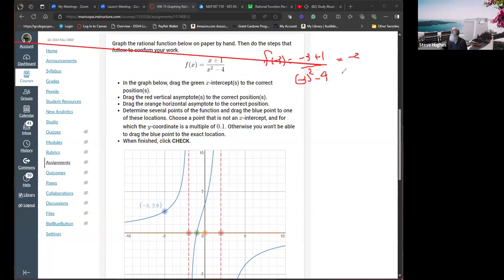Oh, it actually comes out negative, which is 2 over 5, which is -0.4, if I did the math correct. All right. So that's all I need to do. Find a point that works.